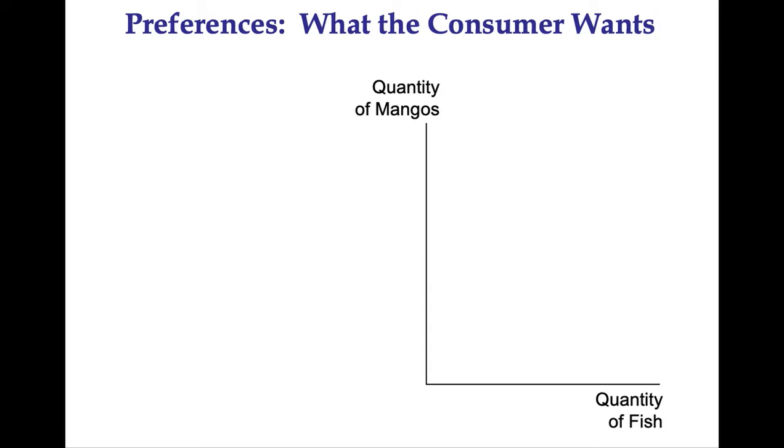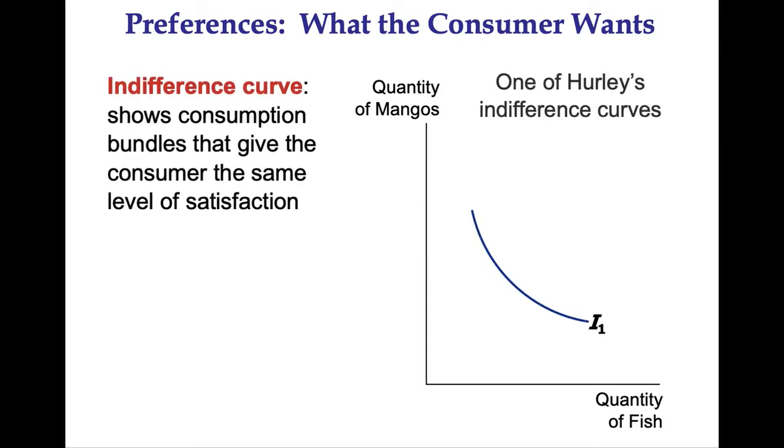So let's see this part. Just like the budget constraint, the happiness or preferences of a consumer is represented on this plane of the two axes, where we have the quantity of mangoes on the y-axis and the quantity of fish on the x-axis. We can represent the preferences of the consumer by also a curve.